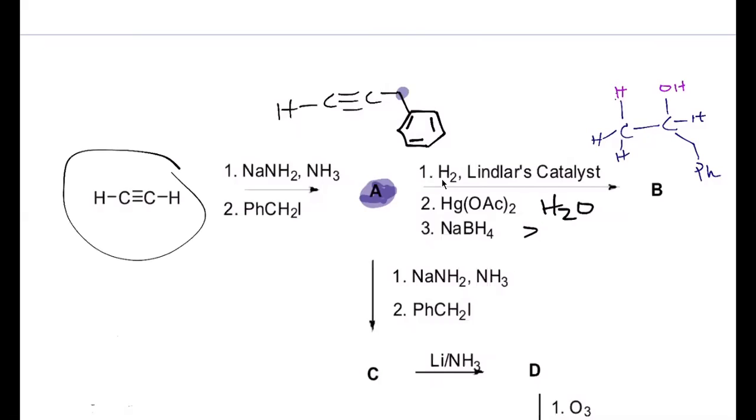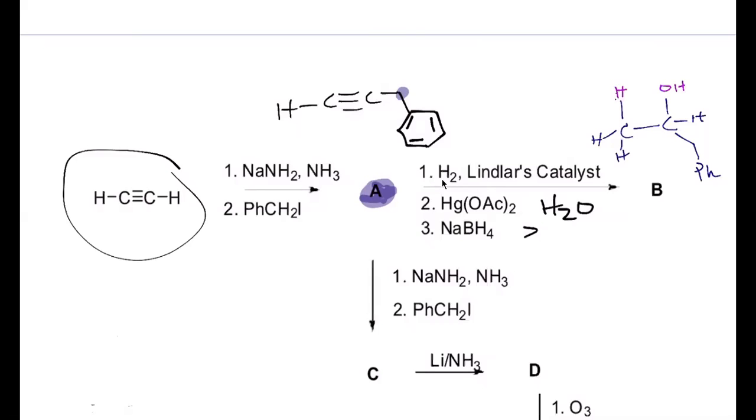And then now that product I'm using to make B. That's how synthesis works. You make one fragment and then you keep functionalizing it until you get to what you want, right? So I took the first alkyne to make A, and then that product A is a legitimate reagent, and I can use it to make something else. So I use it to make B, or I can use it to make C.